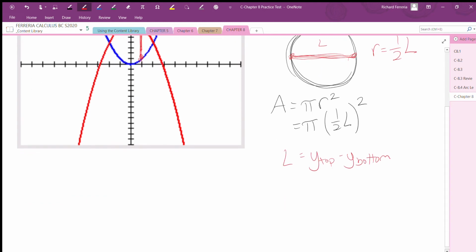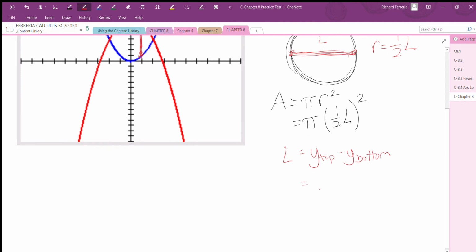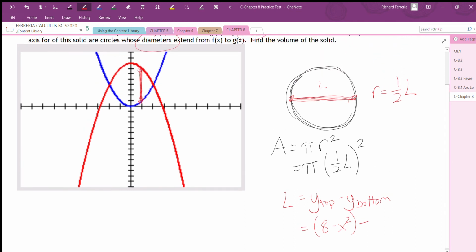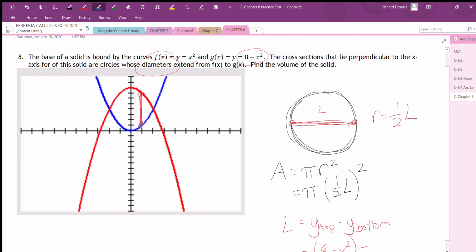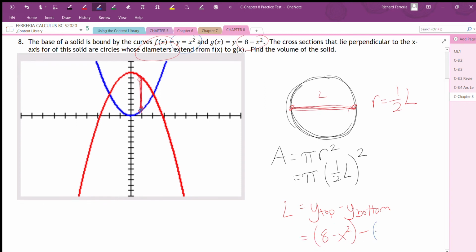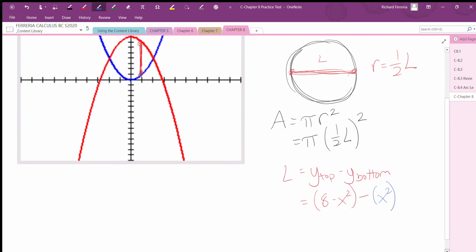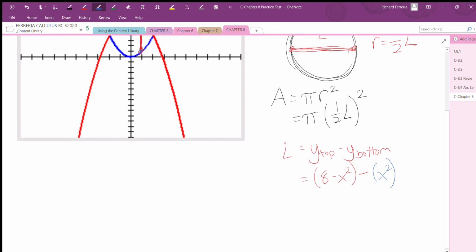So y equals 8 minus x squared, minus the y coordinate at the bottom curve, which is this blue one. That blue curve has the equation y equals x squared, so the y coordinate there is x squared. That tells us the length is equal to 8 minus 2x squared.